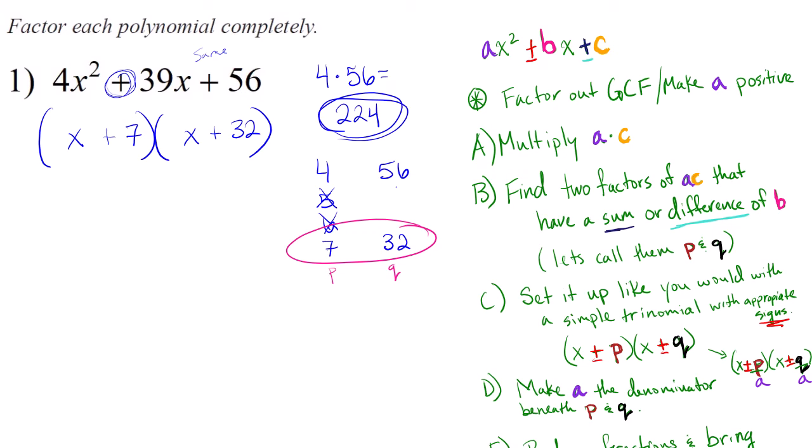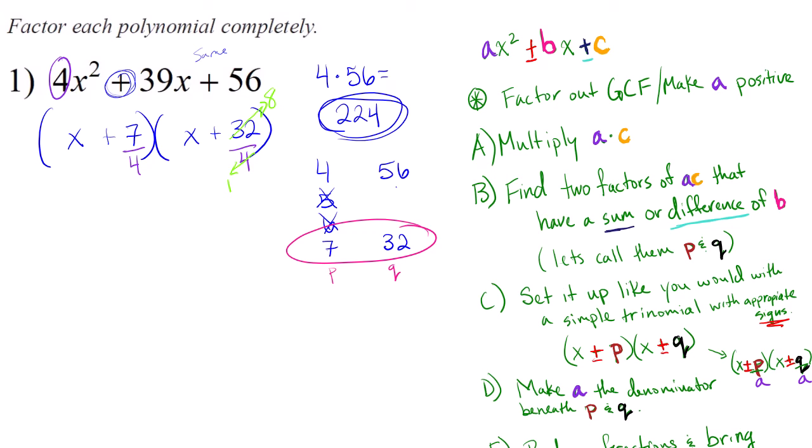So, anyway, what you're going to do next is take whatever a is. You circle it in purple. Whatever a is, you put that and make it the denominator, okay? And then you're going to reduce. So here, 7 over 4 doesn't reduce, okay? And 32 over 4 reduces to 8 over 1, right?